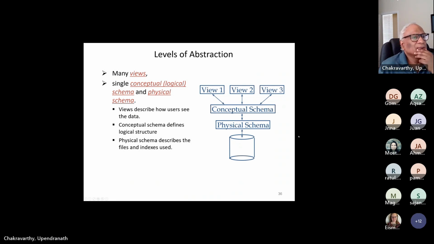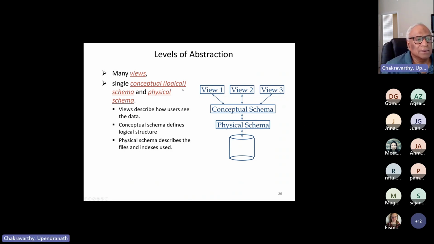Okay, so we were talking about levels of abstraction. So this is how typically it is done. Even though this diagram is for a DBMS, we have at least two levels of abstraction. One is the physical abstraction and the conceptual abstraction.